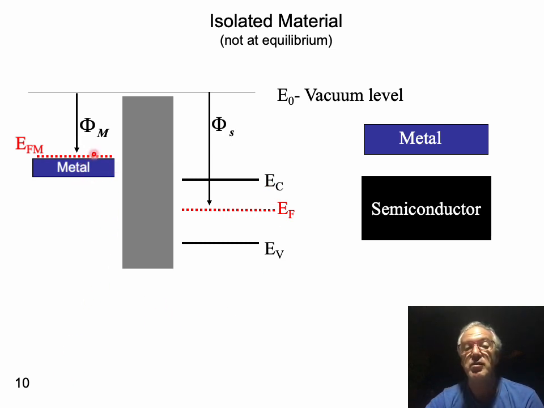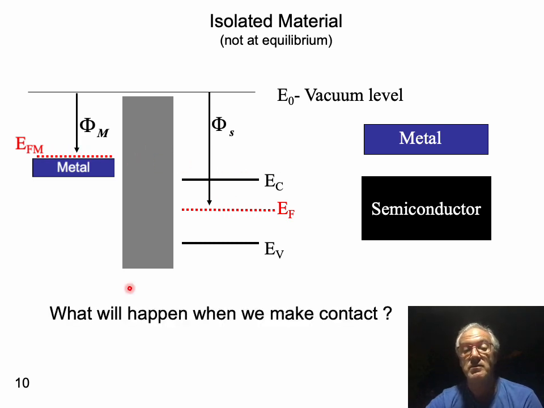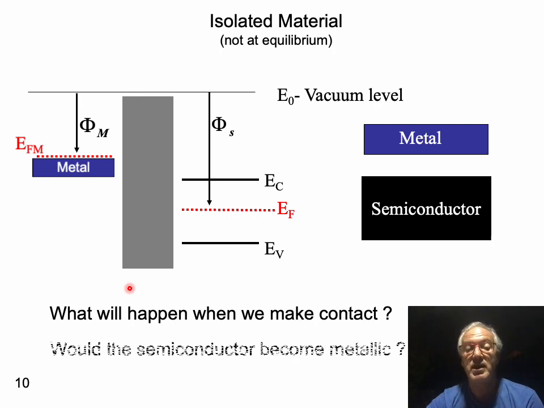If we remember what we said before, then charges would flow from one place to the other to equilibrate the Fermi level. And the question now is, since the metal is above the conduction band, if the Fermi level would simply be extended like that, then we'll have a metal. So really, what's going to happen when we make these two touch each other?